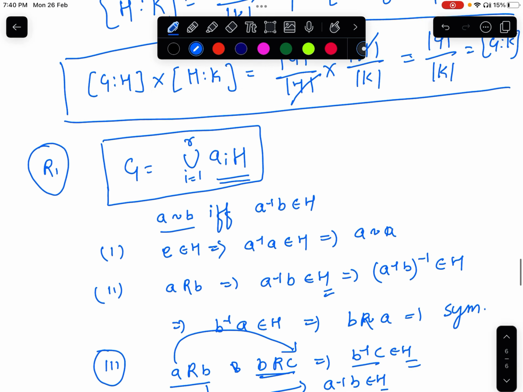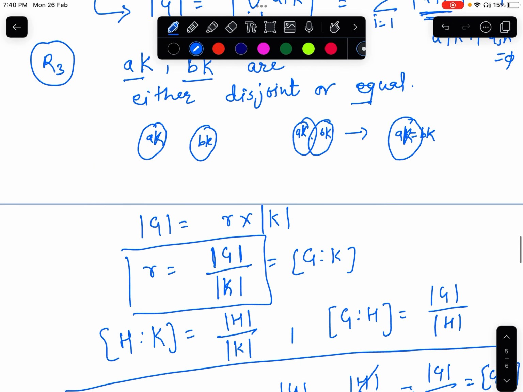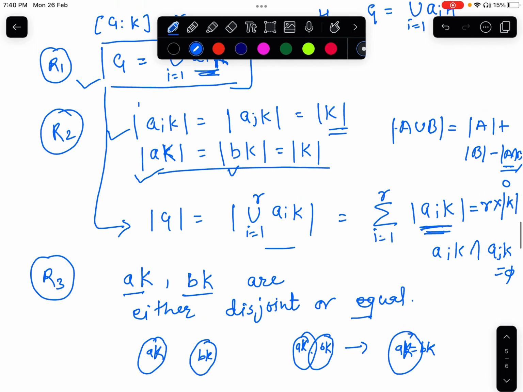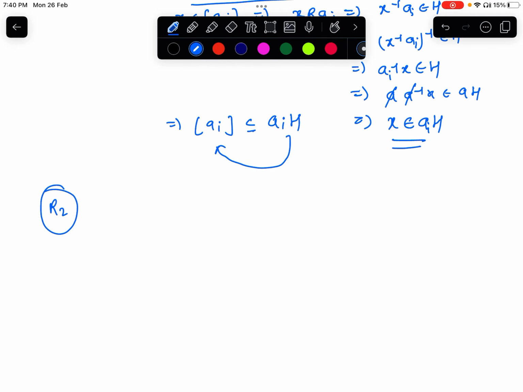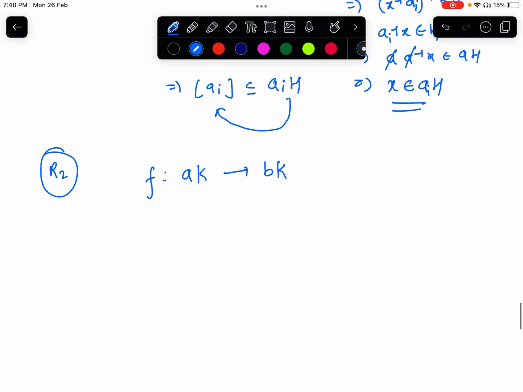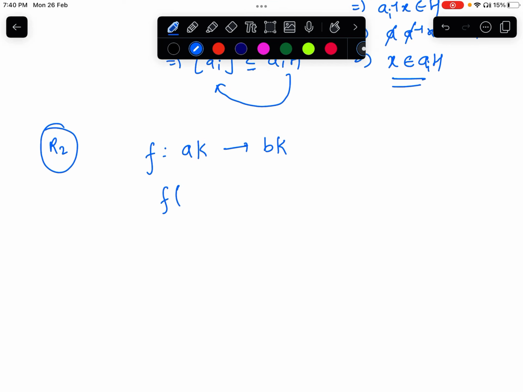Now the second result we used is result 2: the cardinality of aK is equal to the cardinality of bK, which is equal to the cardinality of K. This we can prove by defining a function f from aK to bK, defined as f(a k1) equals b k2, where k1 and k2 belong to capital K, that is a subgroup.